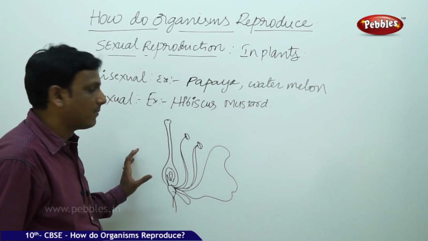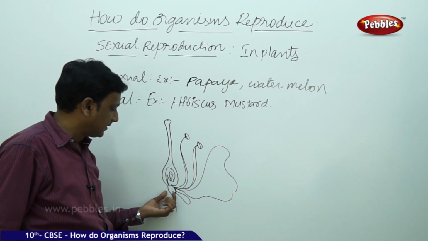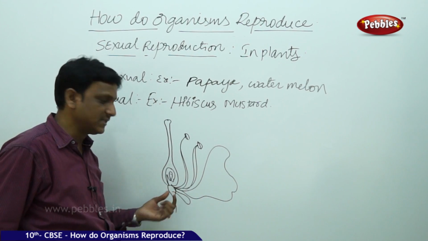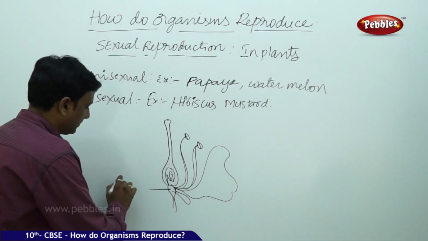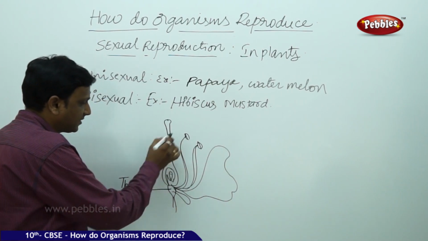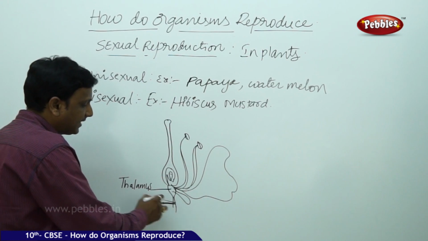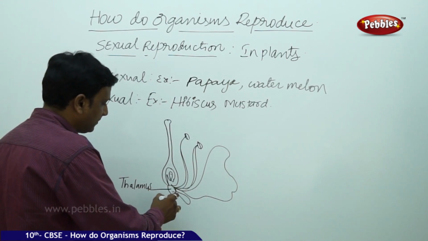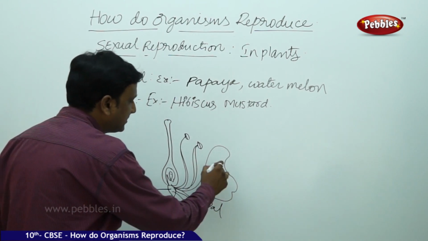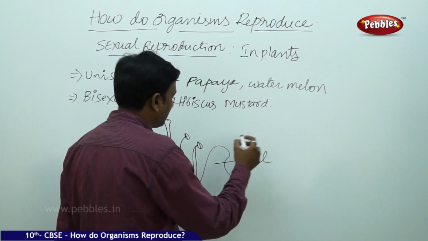So we have already studied the structure of a flower. It consists of different parts. A flower consists of a base called the thalamus, on which all the other parts are embedded. This is called the peduncle, and this is called the sepal, and this is the colored part to attract the insects, called the petal.